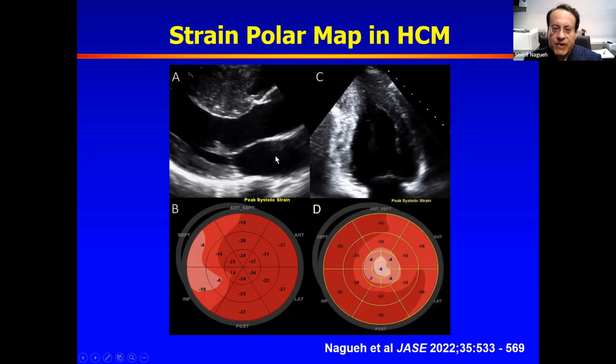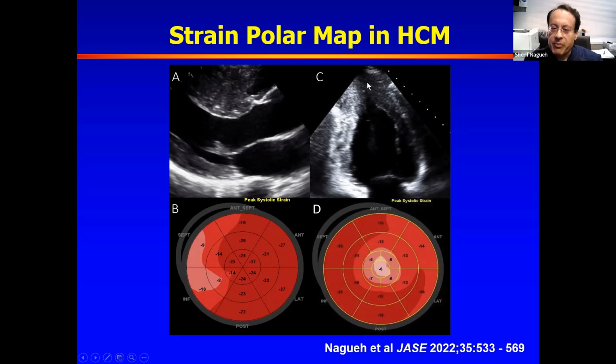With respect to the two examples you see here, you see a case of asymmetric hypertrophy, and you see segmental strain predominantly reduced in these basal segments of the anterior and inferior septum, to some extent part of the mid-inferior septum.